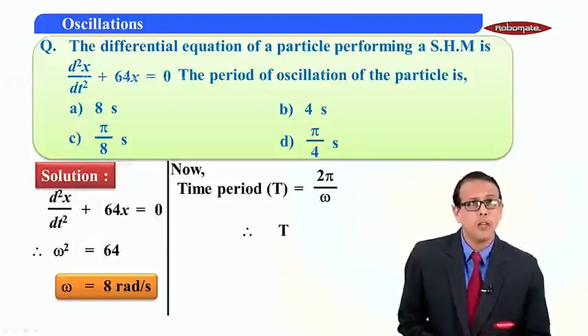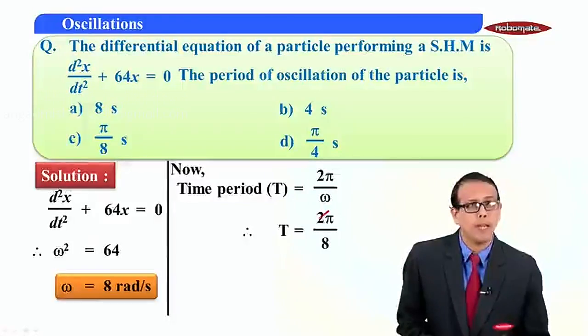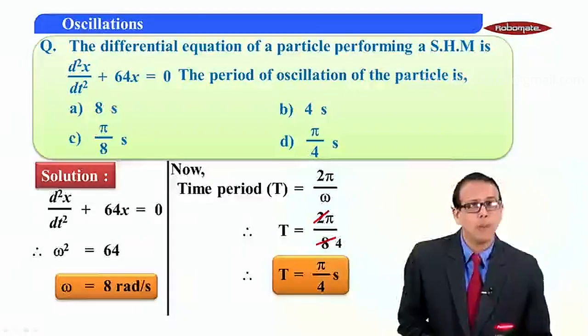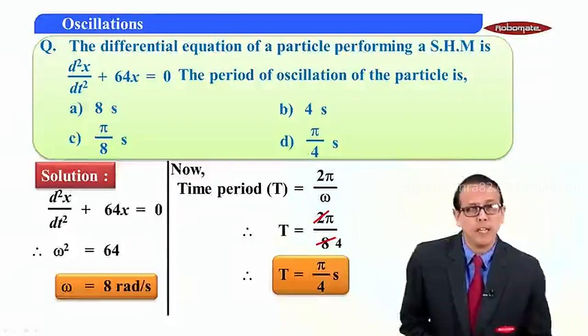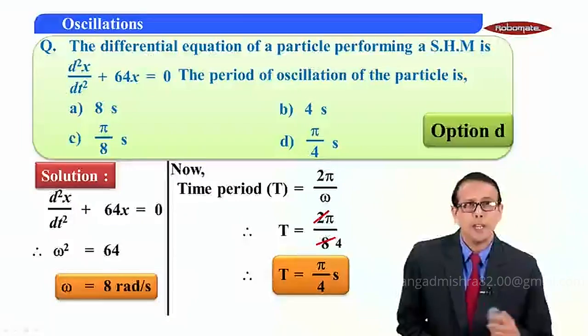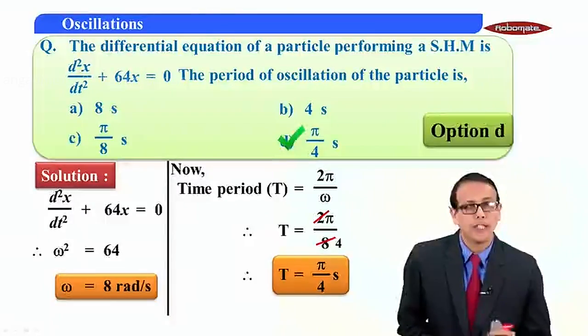Let's substitute the value of omega. So we get 2 pi upon 8. We cancel this, 4 is 8, and T therefore is, students, yes, pi by 4 seconds. Which of the options is pi by 4 seconds? Very clearly we can see that is nothing but option D. Therefore, the right answer for this question is D, pi by 4 seconds.